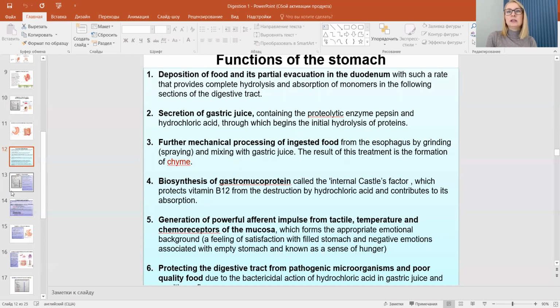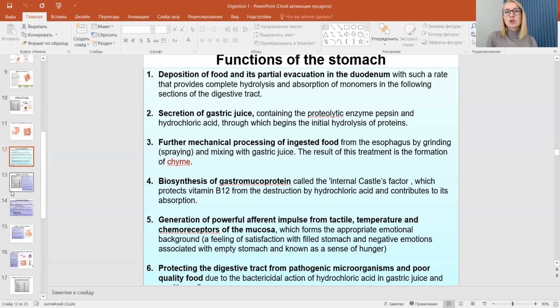Because the small intestine is the primary site for this digestion and absorption, it is important that the stomach store the food and meter it into the duodenum at a rate that does not exceed the small intestine's capacities.